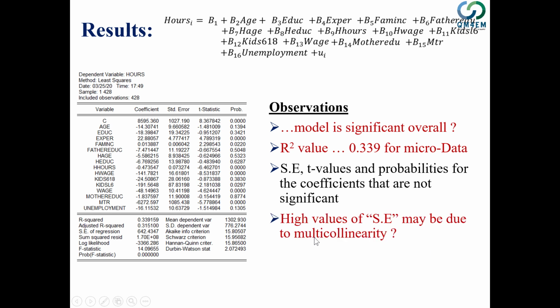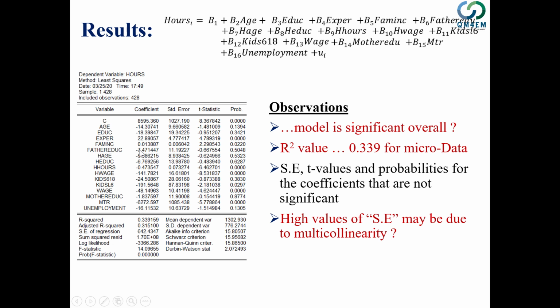These are insignificant because we have higher standard errors for these variables. For example, education is statistically not significant, and you see that the standard error is very high, higher than the coefficient. Similarly, you can see another one, other education, with the standard error even higher than the coefficient.